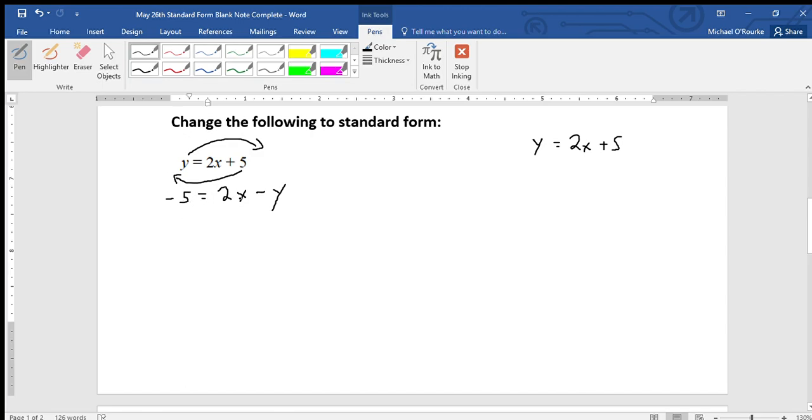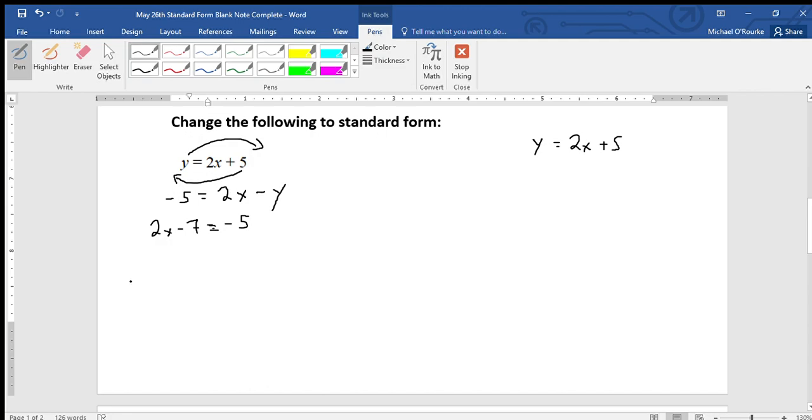Now, if you don't like the way this looks, because it doesn't look like what we had up top, you can flip it, but don't change the signs. We're just flipping what side it appears on our page. We're not actually rearranging it. Now, this one here is all done.